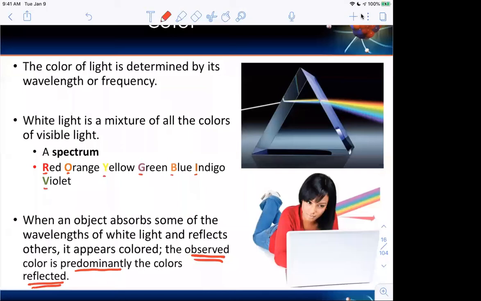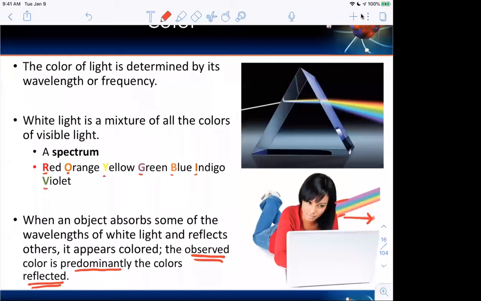So look at this sort of rainbow of light. And if all those colors are hitting her shirt, many of them are going to be absorbed. But the red wavelength, the wavelength that corresponds to the red color of light, is reflected.